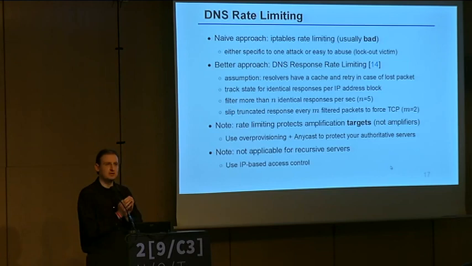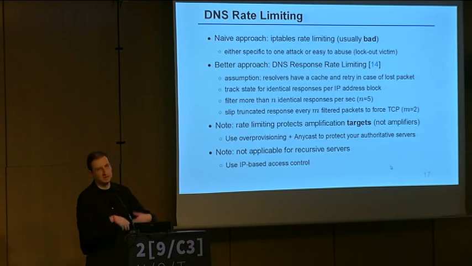Now what does this mean? It means you send a response, but not the full response, not the amplified response, only a truncated one, so there is no amplification. And this truncated response has a chance to reach the legitimate query source. So whenever the filtering is activated, the victim of the amplification attack still has a chance to send a query and get a truncated response.